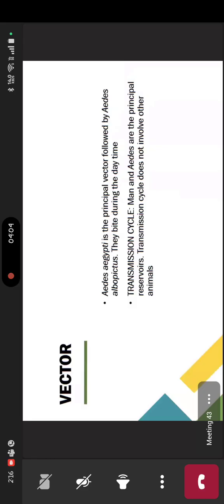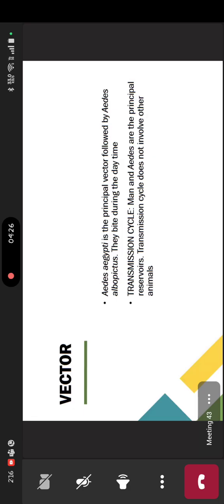Similarly, a vector is also a mode of transmission, right? A vector is some insect, right? In case of dengue, we have a mosquito as a vector, which plays a very important role in transmission of the disease from person to person and from mosquito to the person, right? So which mosquito?